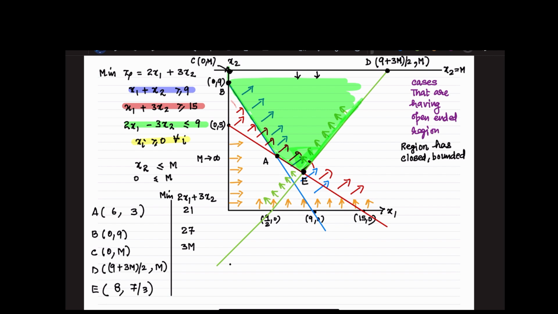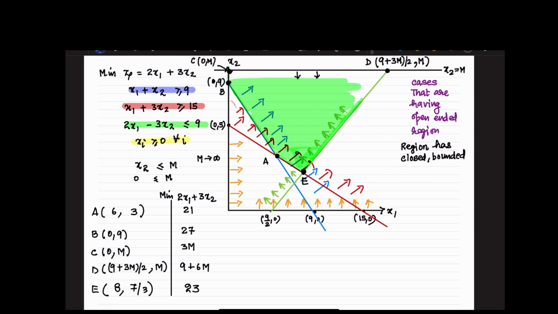Put this, so you get twice into 9 plus 3m. So 2 and 2 will cancel, so you would end up with 9 plus 3m plus 3m. So 9 plus 6m. For this you'll get 16 plus 7 is 23.